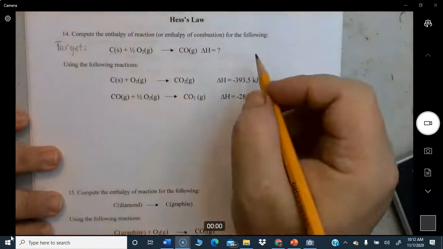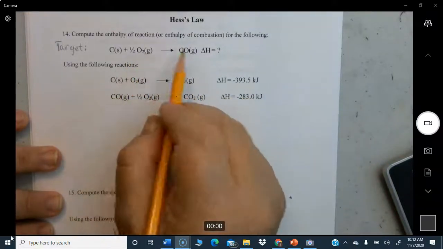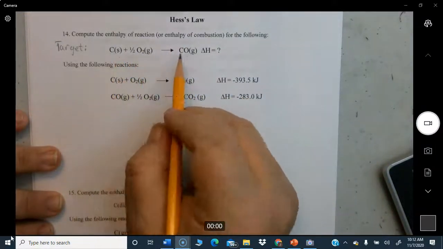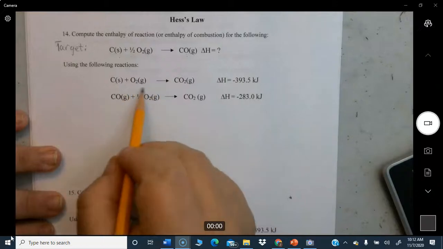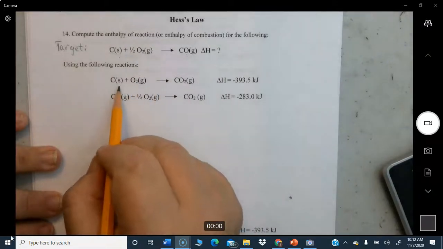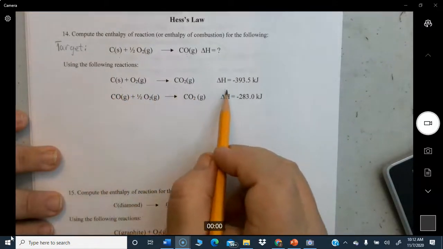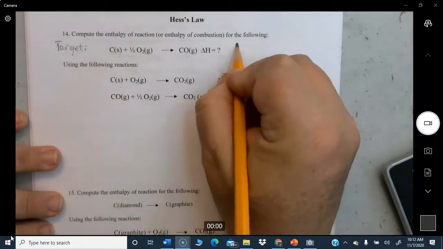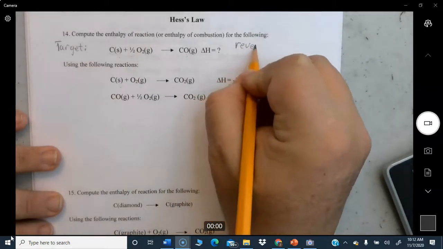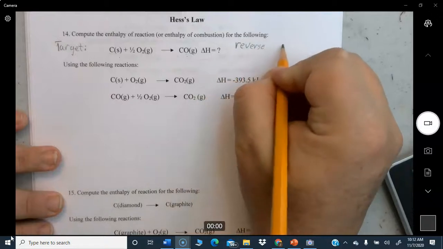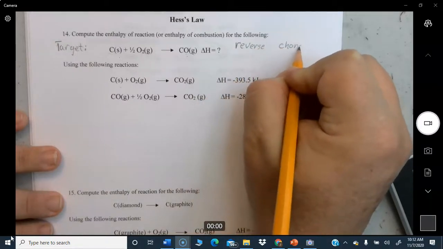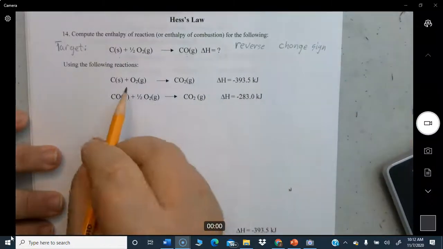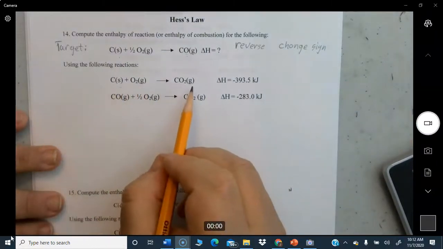Okay, and the rules are simply you can flip the reaction or reverse it, switch sides. So the CO goes to this side, the C and the 1/2 O2 go to that side. Let's use this as our example. So the CO2 goes to this side, C and O2 go to the right. If you do that, you change the sign on the enthalpy, okay? So for reversing the reaction, you change the sign. The other thing you can do is you can multiply through by a factor.